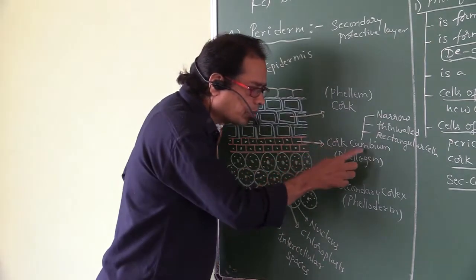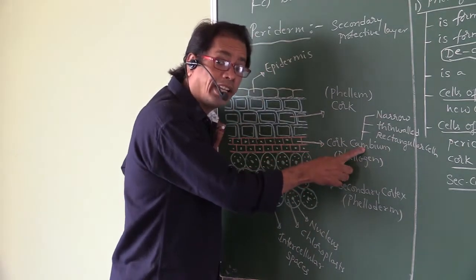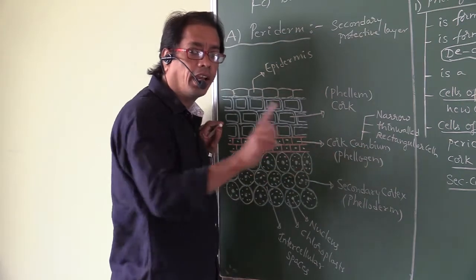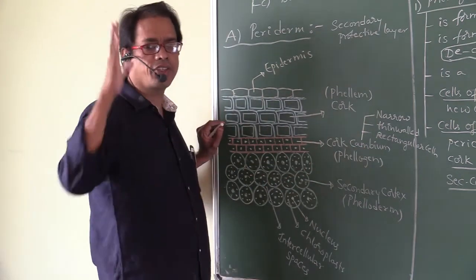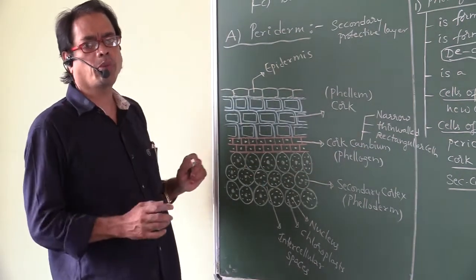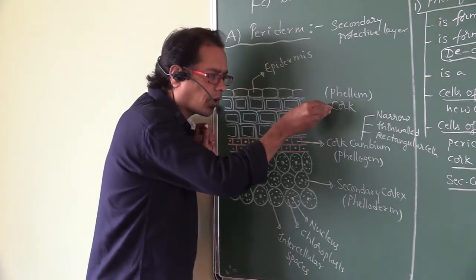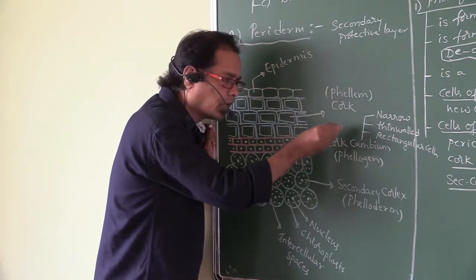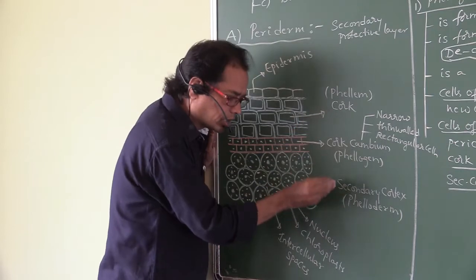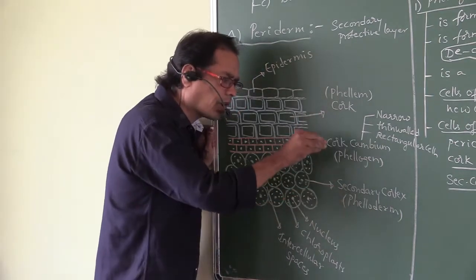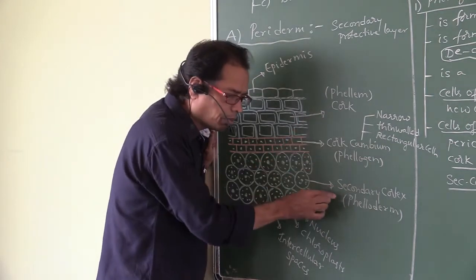But cork cambium is formed from inner cortex by DD, dedifferentiation. These points you have to remember. So cork is formed from cork cambium by RD. Secondary cortex is formed from cork cambium by RD.